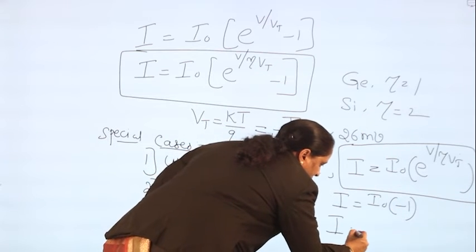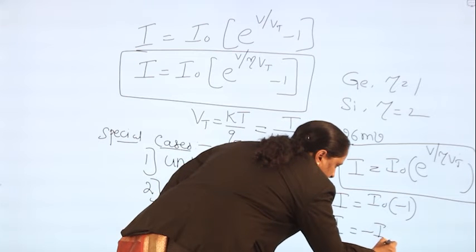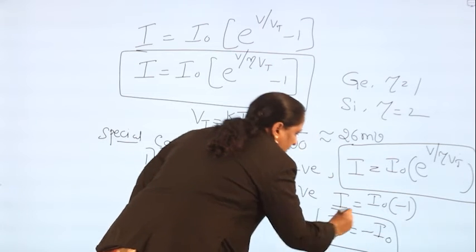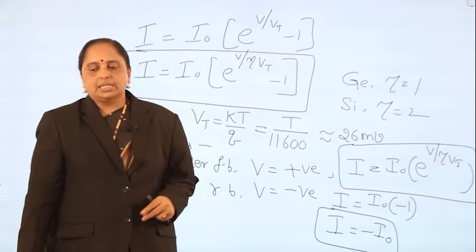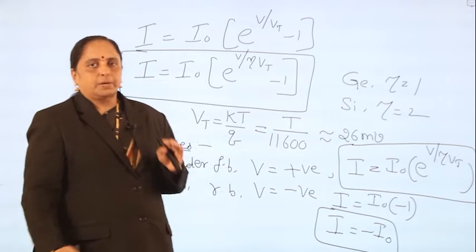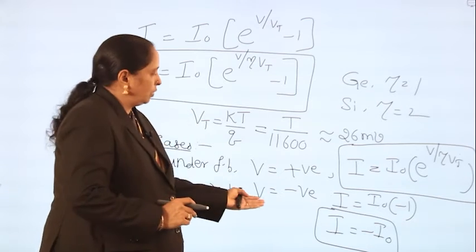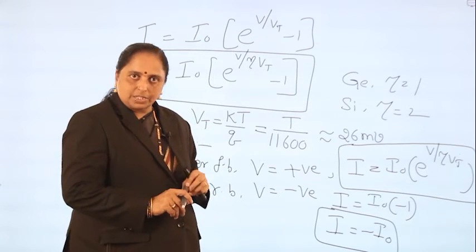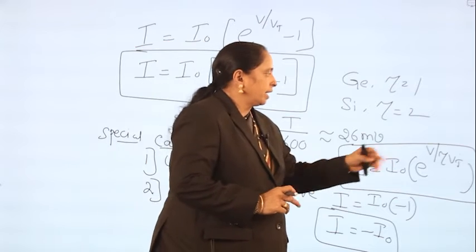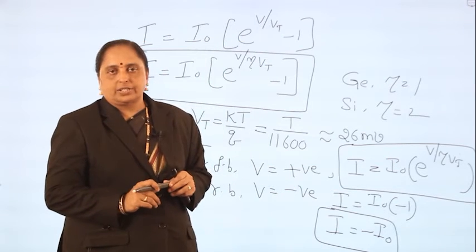Therefore, I is equal to minus I naught. So this is the second special case. The expression for diode current changes to I is equal to minus I naught under reverse bias condition, and I is equal to I naught e to the power V by eta Vt in forward bias condition.